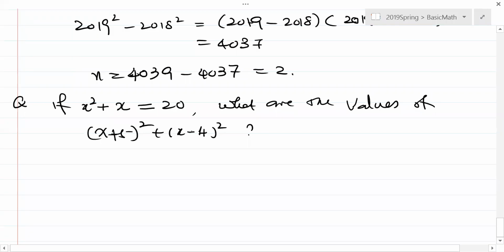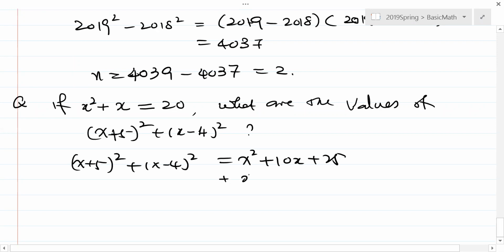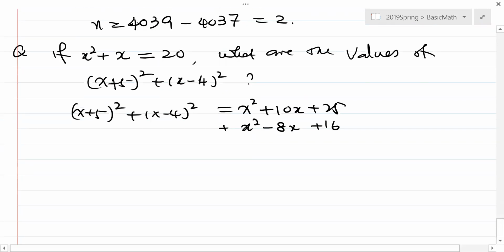There's actually a direct way. (x plus 5) squared is x squared plus 10x plus 25, plus x squared minus 8x plus 16. Adding them together is 2x squared plus 2x plus 41.